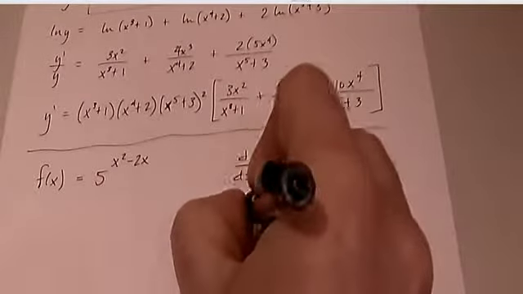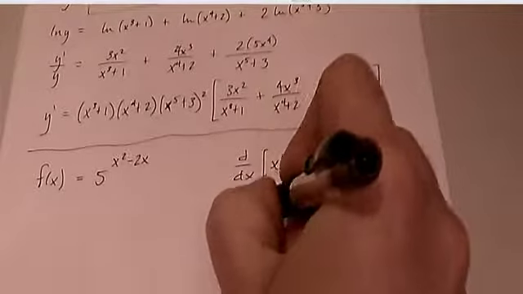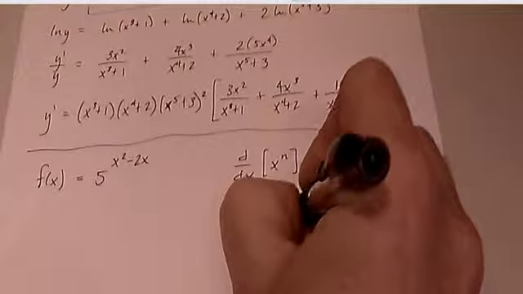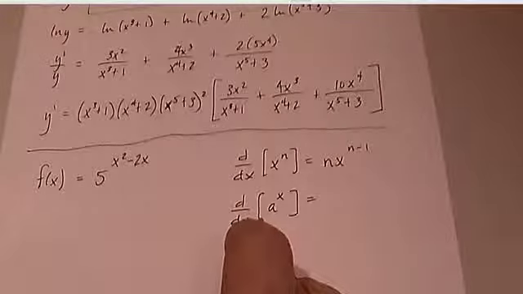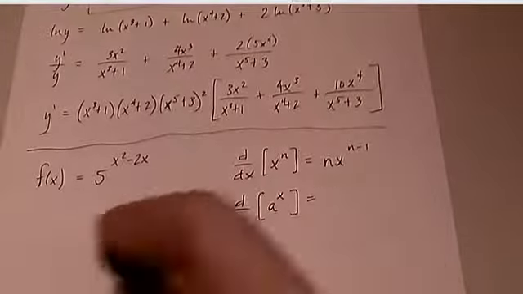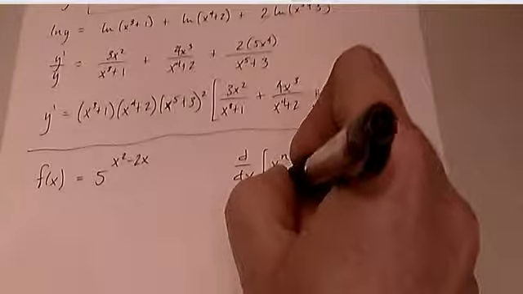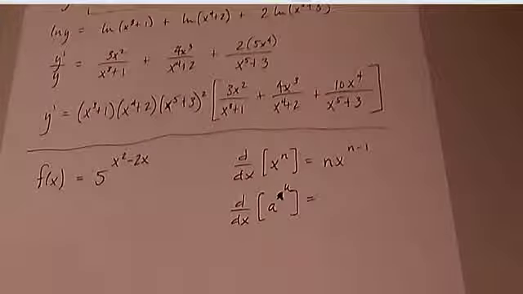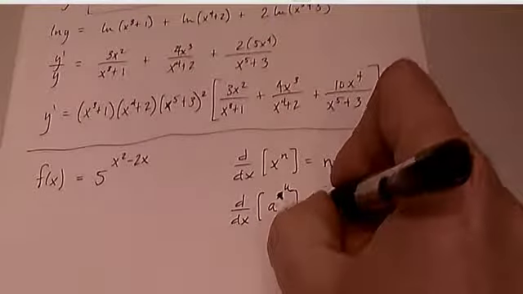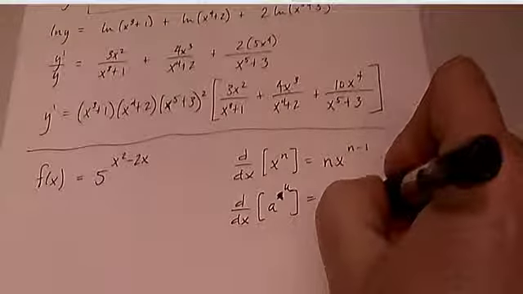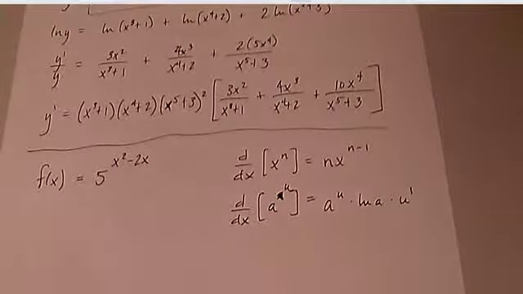And so what we have here, and why we don't use n as the base, we use a as a base, I guess it's just an arbitrary choice. And actually this is not x, this is u, right? It's an expression in terms of x. So we get a to the u times natural log a times u prime.